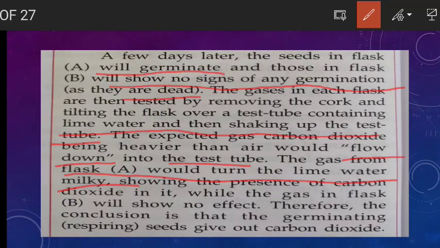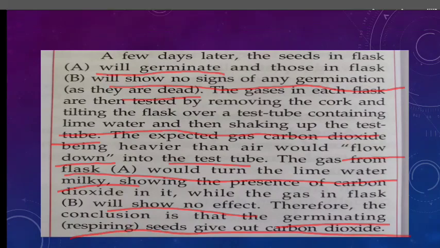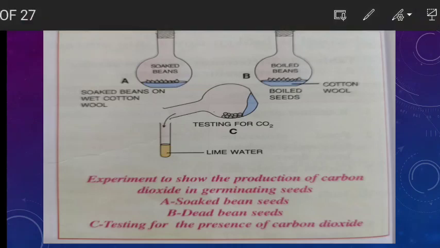The gas in flask B will show no effect, therefore the conclusion is that germinating seeds give out carbon dioxide gas.